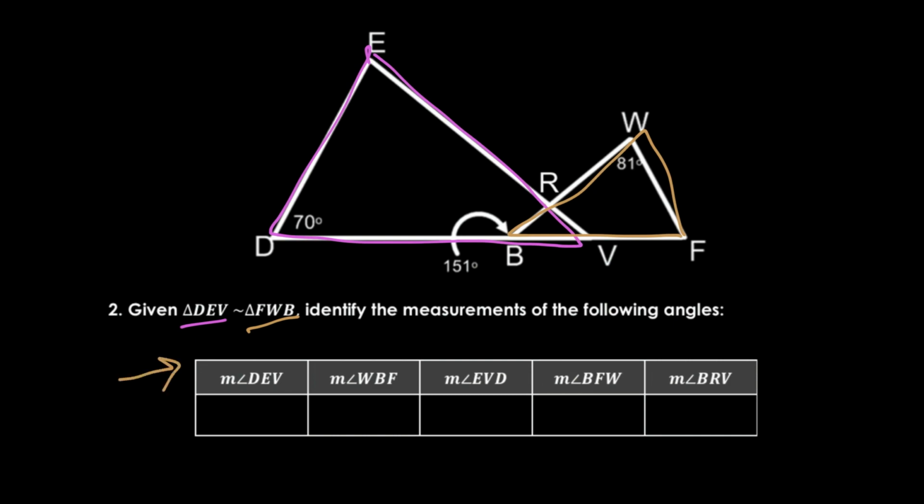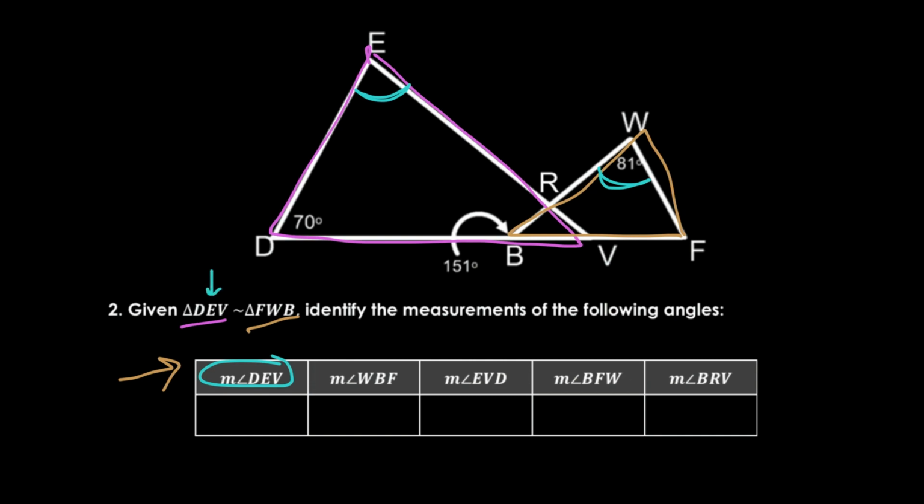So angle DEV, I'm going to mark out right here. And we know that this angle is going to be congruent to this angle because of these two similar triangles.